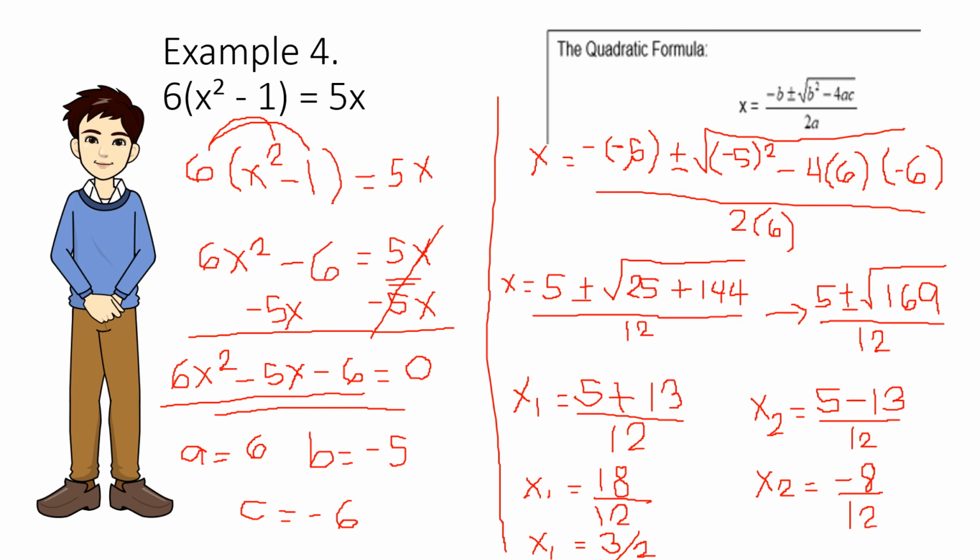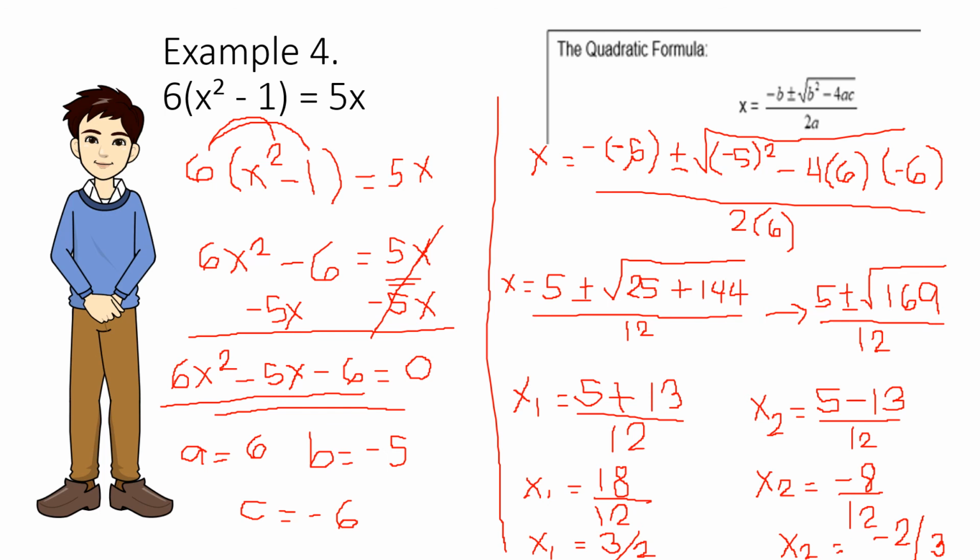Then again, ilowest term natin. Ang common factor nila, serve as our divisor ay gamitin natin ay 4. So, negative 8, divide natin sa 4. So, magkakaroon tayo ng negative 2 over 12 divided by 4. The answer is 3. So, the value for our x sub 2 is negative 2 over 3.